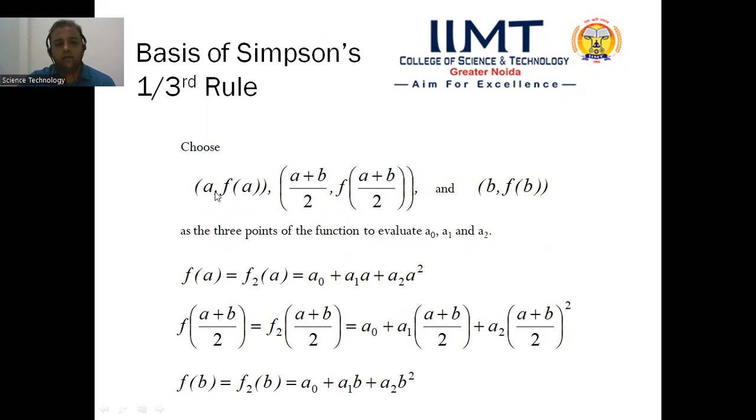So we take a, (a plus b)/2, and b, and the function values at these 3 points. (a plus b)/2 is the midpoint between a and b. We use these 3 points to evaluate a0, a1, and a2, so we find the function values at f(a), f((a plus b)/2), and f(b).